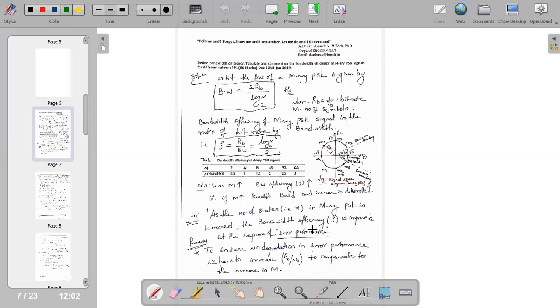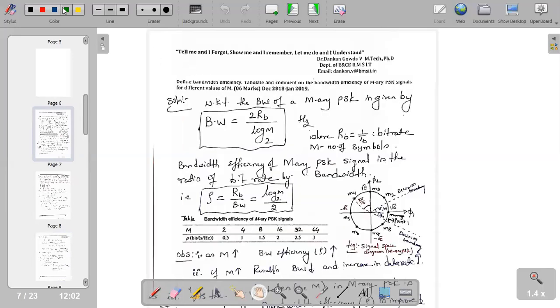What is the question they asked here? Define bandwidth efficiency. Tabulate and comment on bandwidth efficiency of M-ary PSK signals for different values of M. So this is a question they asked in January 2019 for 6 marks.